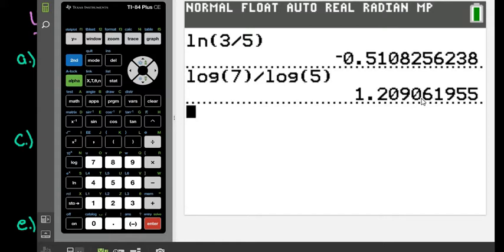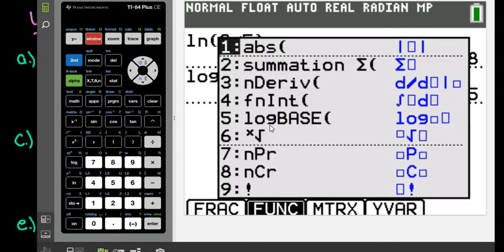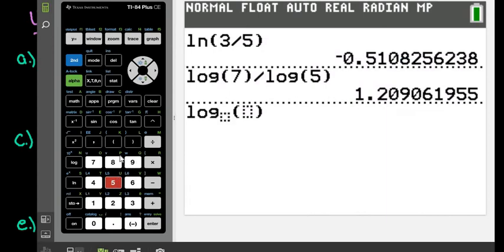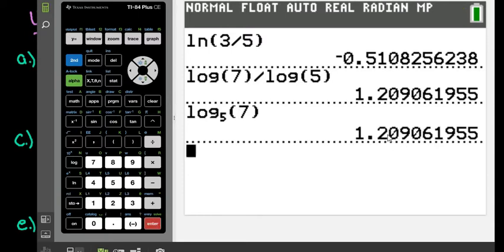Some calculators do allow you to put in your base. So for this calculator, this is only on the newer TI-84s. I know the TI-83 doesn't do this, but if you hit alpha and window, option 5 allows you to change the base. So I could actually put in my base of 5 and then hit 7 and enter, and it gives me the same exact answer.